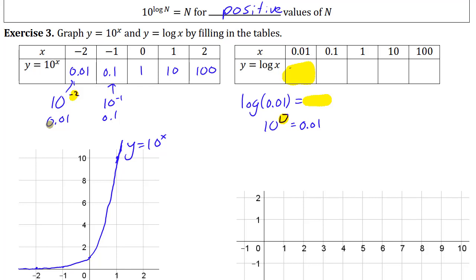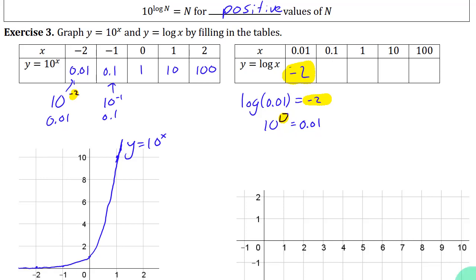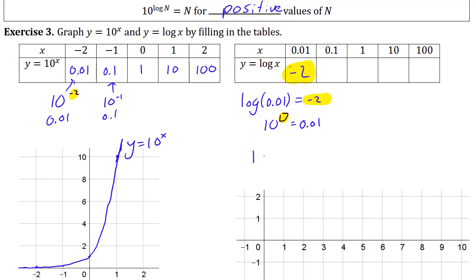So that's negative 2. That gives you the point where x is 0.01 and y is negative 2. So that's a point that's very close to the y-axis there. And what is the exponent of 10 that gives you 0.1? That's going to be log of 0.1.